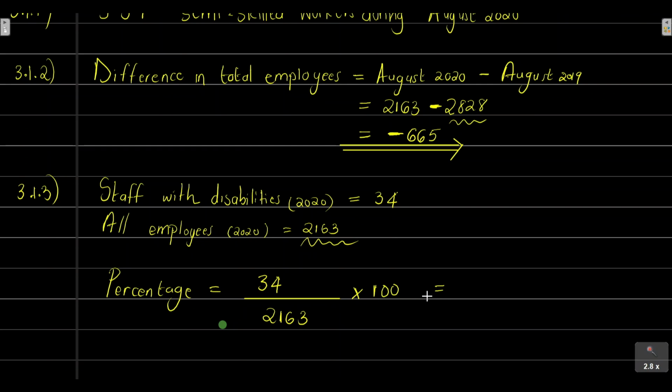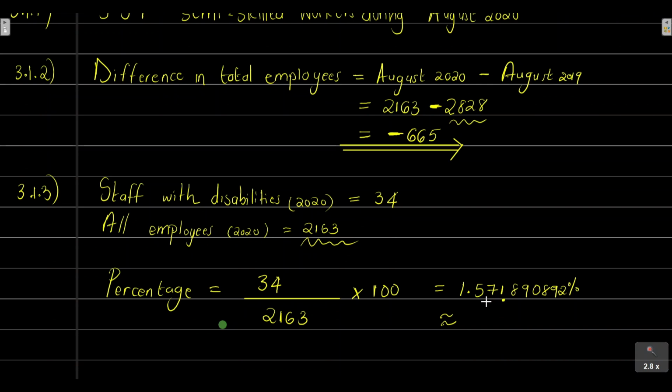If you punch this into your calculator, you'll find that the percentage of the staff with disabilities to all the employees is equal to 1.571890892%, which is approximately equal to, if you round this off to 2 decimal places, we see that the third digit after the comma is 1, so it's less than 5.